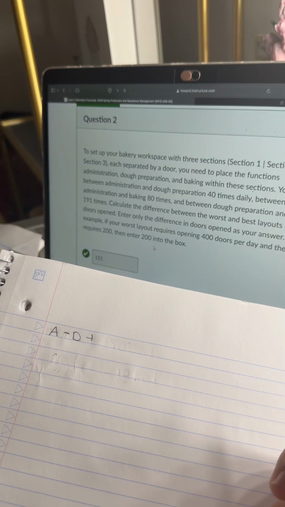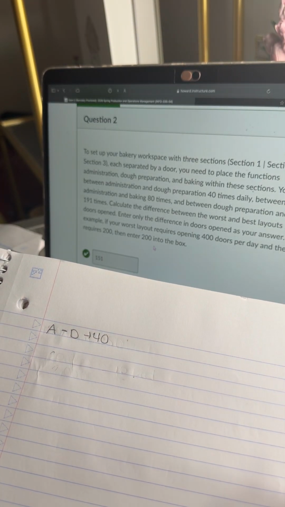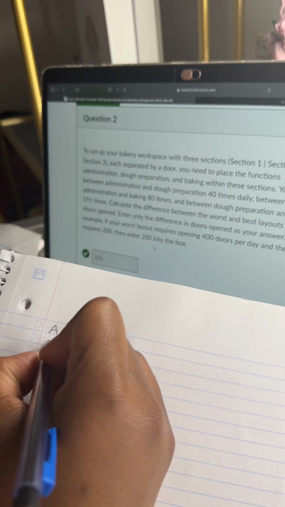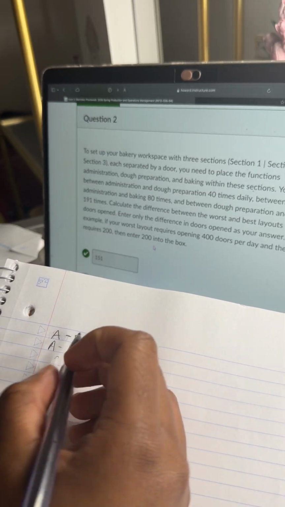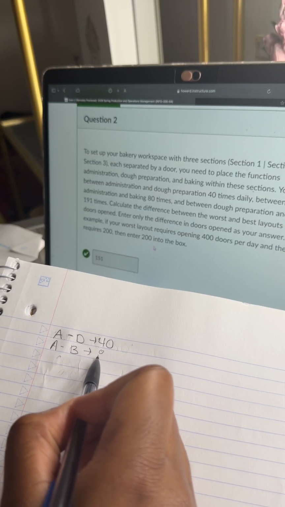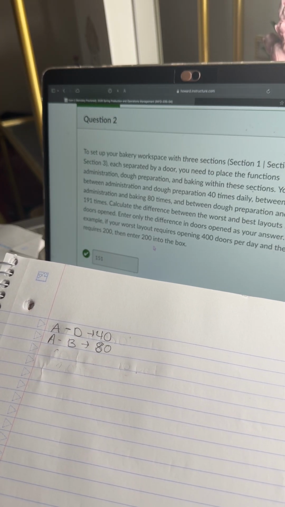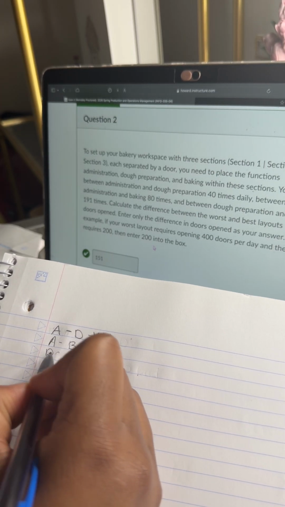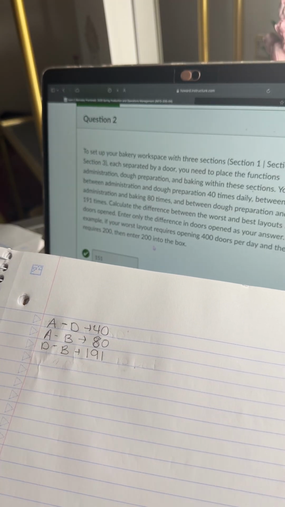We go there 40 times daily. Then between administration and baking, we go there 80 times a day. And then for dough preparation and baking, we go there the most times, which is 191 times.